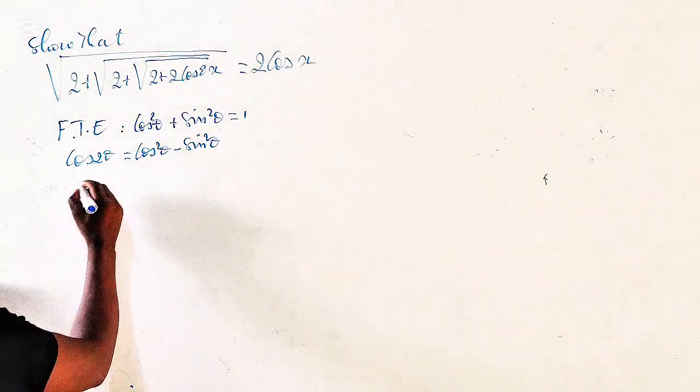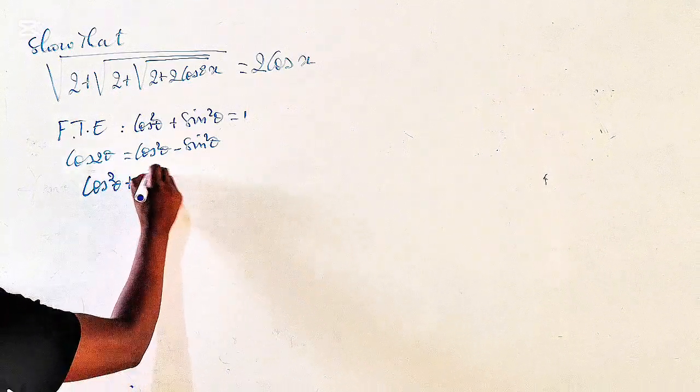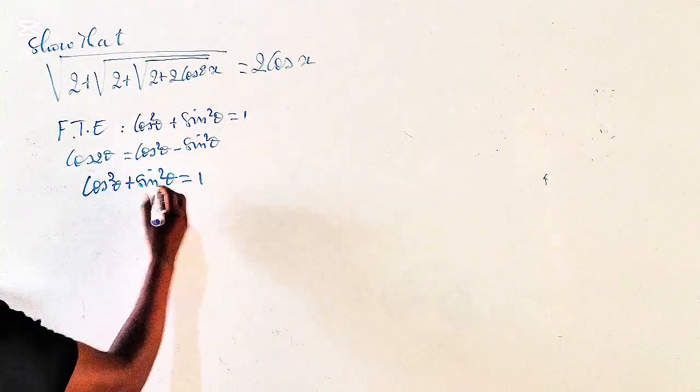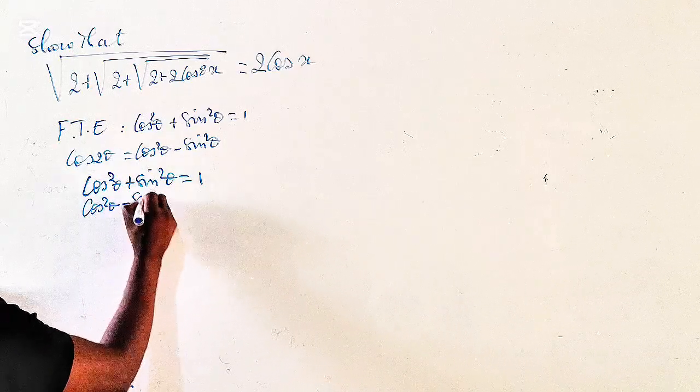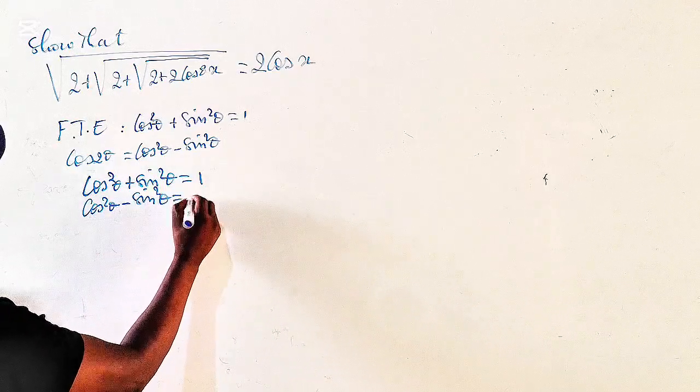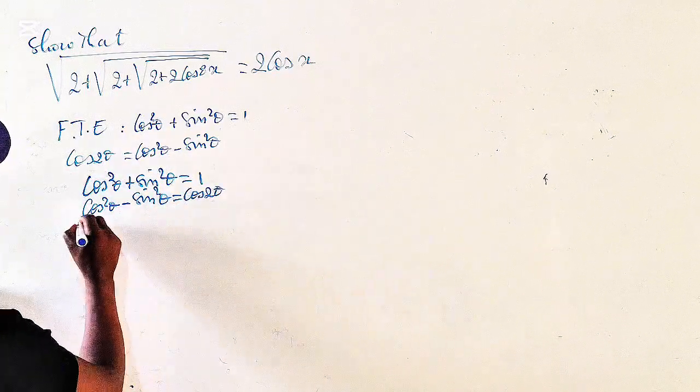Now let's write this: cosine squared theta plus sine squared theta, which is 1, and write this: cosine squared theta minus sine squared theta, which is equal to cosine of 2 theta.